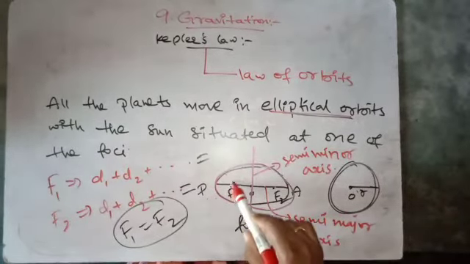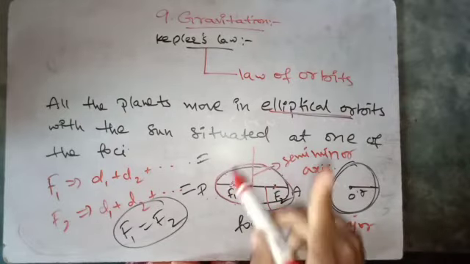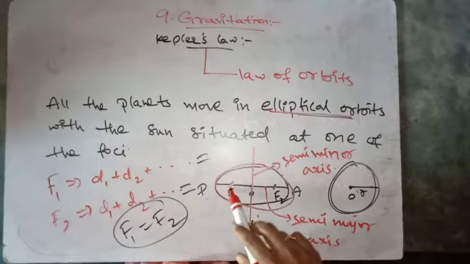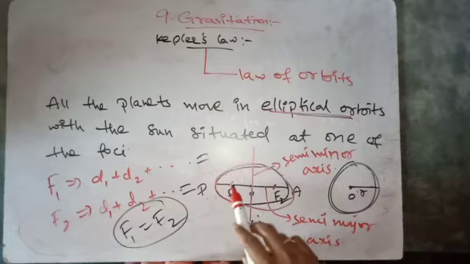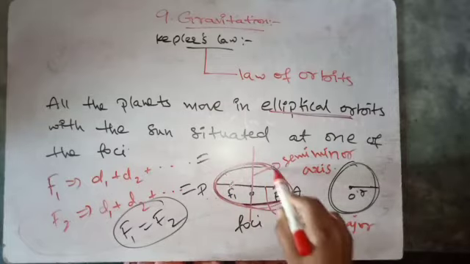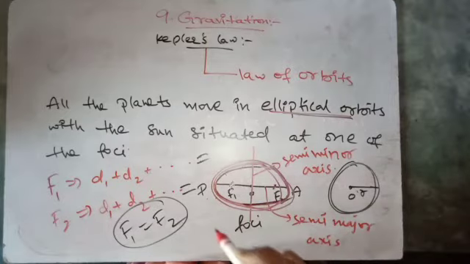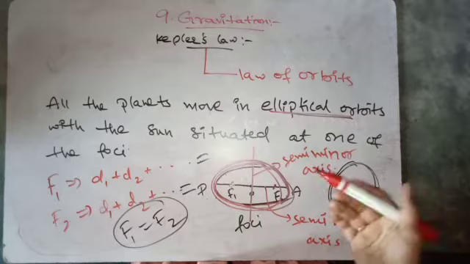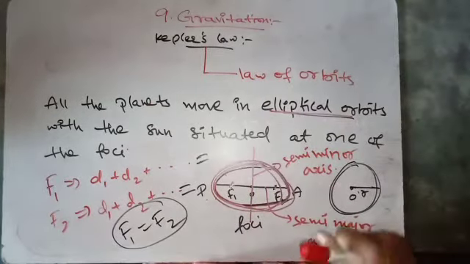The sun might be situated at F1 or F2, and all the planets will revolve in these elliptical orbits. This is Kepler's first law.